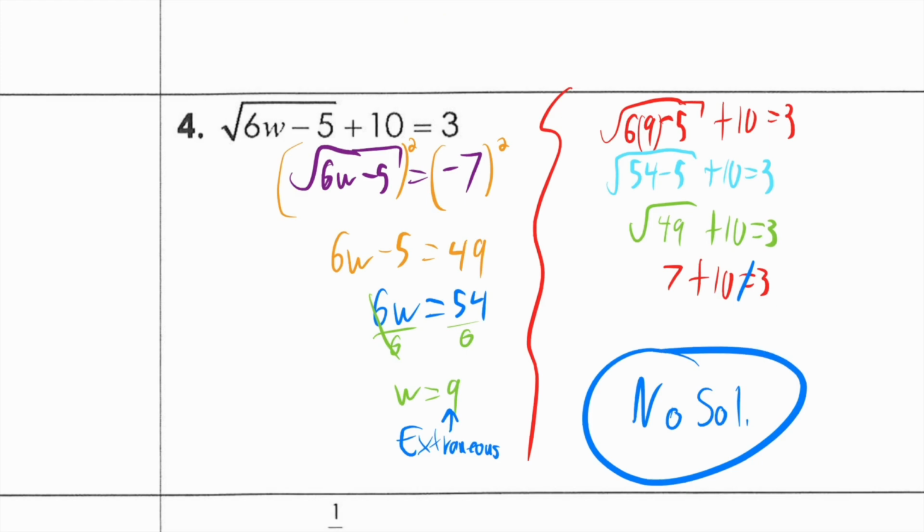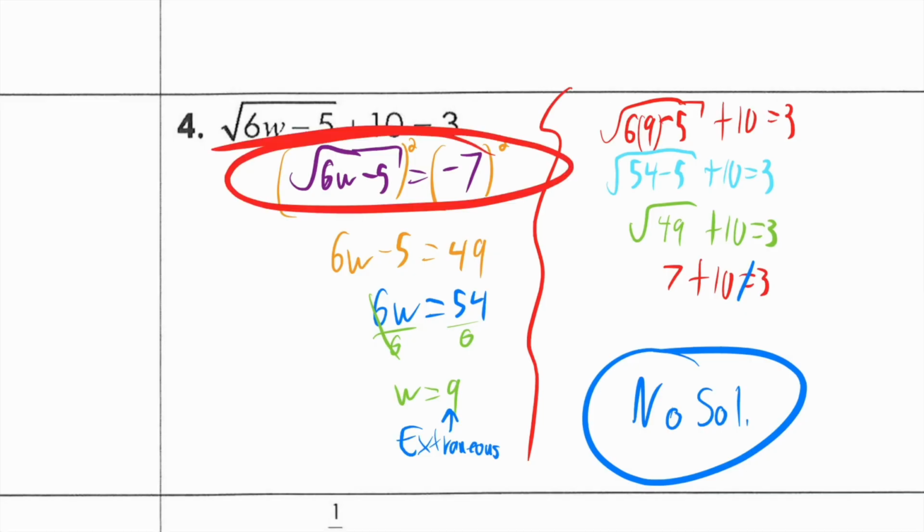Now you may be wondering, hey, once I'm at this step right here, and I clock that I have my even root equal to a negative, do I have to go further? And quite honestly, my answer to you is no, you don't. If you just want to jump straight to no solution, be my guest. That's what I do.